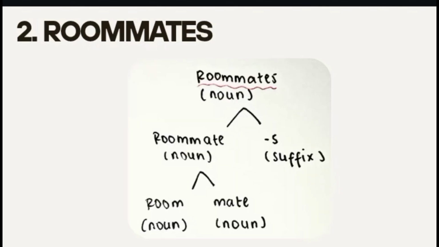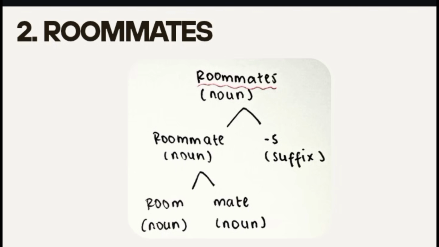Next, we have roommates. This word is interesting because it contains 2 free morphemes, room and mate. This is what we call a compound word. However, the analysis doesn't stop here. We also have the suffix s at the end.